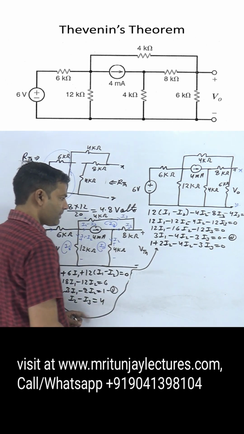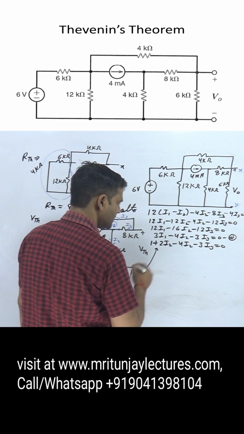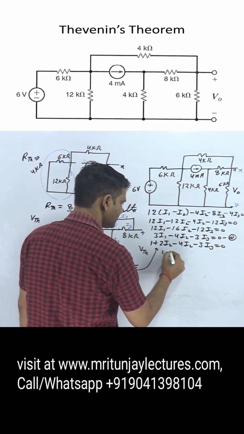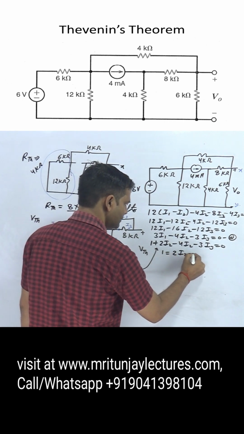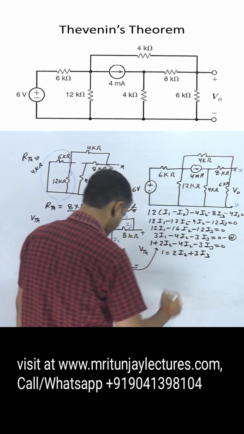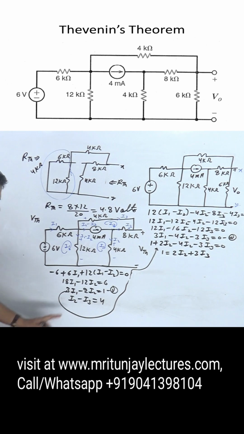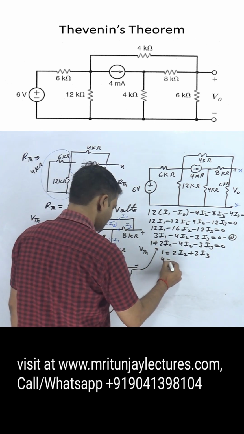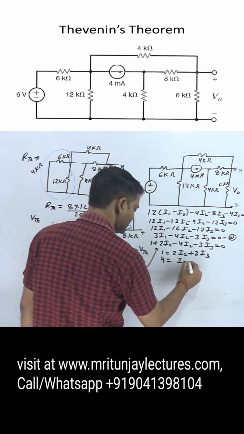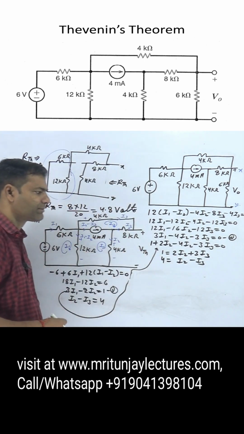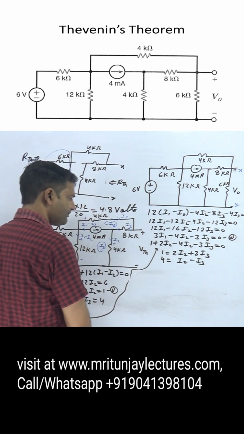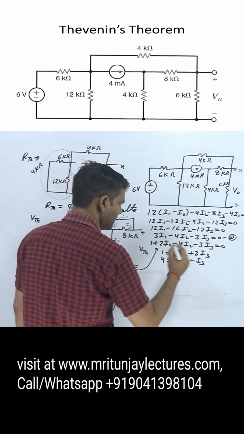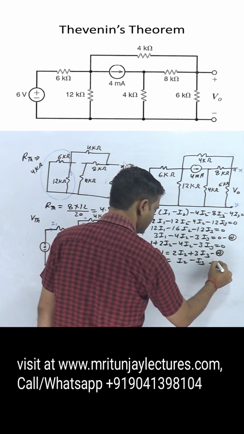Then we got 1, this will be equal to minus 2 I2 plus 3 I3, and this is also written as 4, this will be equal to I2 minus I3. Now that is equation number 4, and here 5.